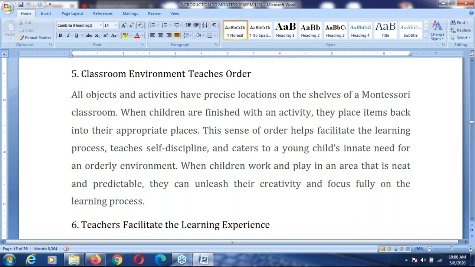All the materials they explore and learn with have a specific location. So when it is time to learn, they quietly move to the shelf, collect the one of their choice, and when the time is over, they quietly, in the same manner, go to the shelf and return it.